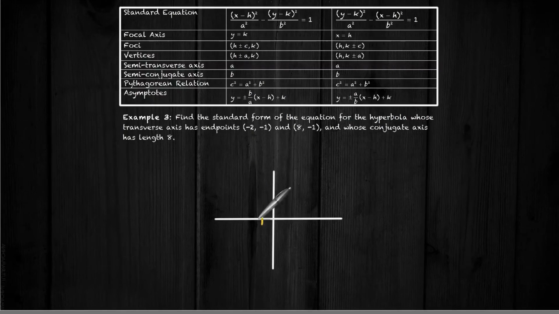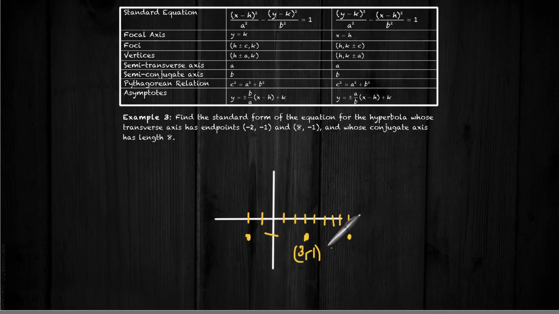So -2, -1 is here, and then 8, -1 goes there. And so if we go from -2 on a number line to 8, that's a space of 10. So that means the center is right in the middle of that, so that's going to be 3, -1. So maybe we'll put that on our graph right there.